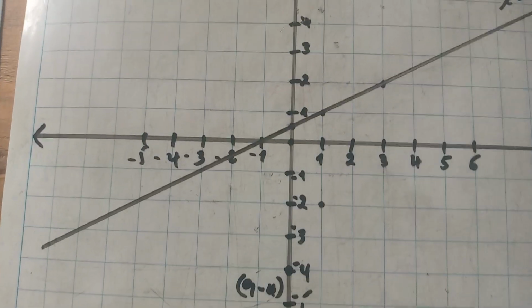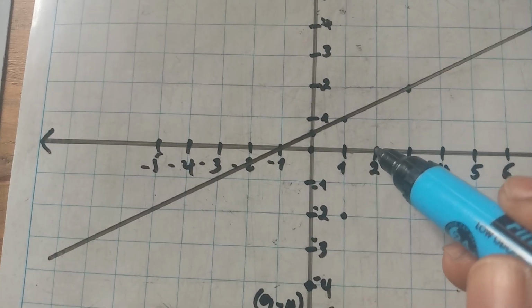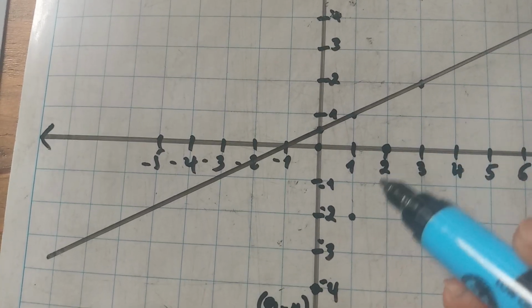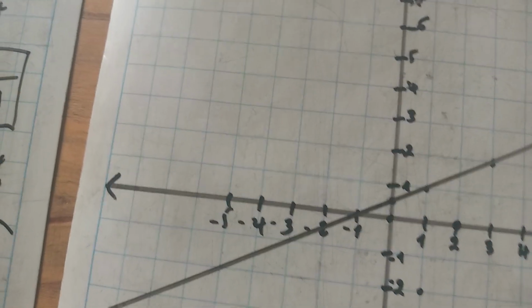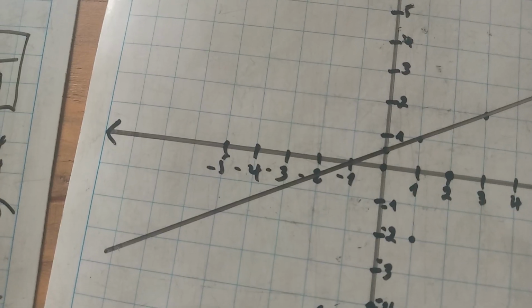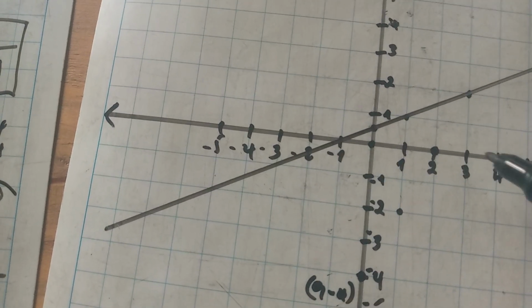Another point is 2 and 0. 2 on x and 0 here. 2 and 0. You see, we have another point, which is 3. Which value of y have you seen when you have 3?